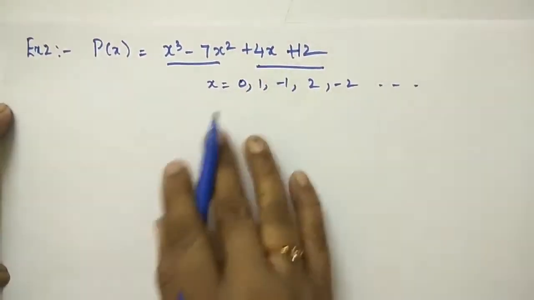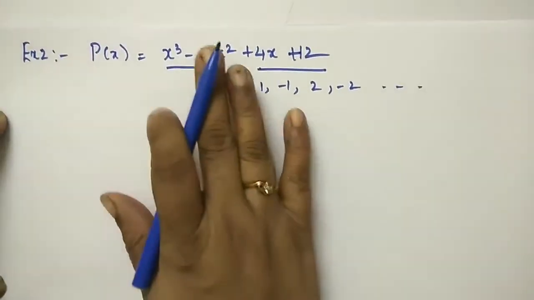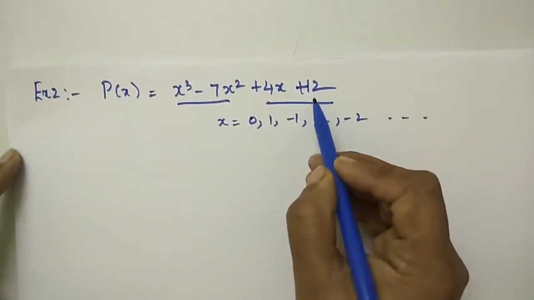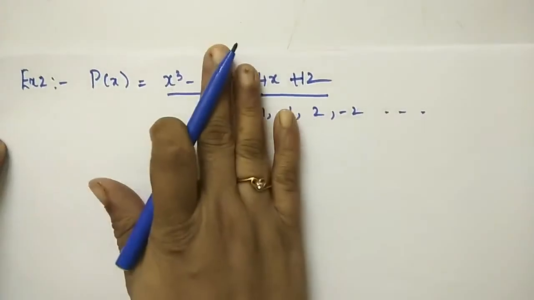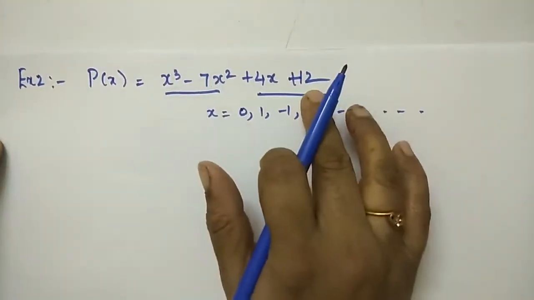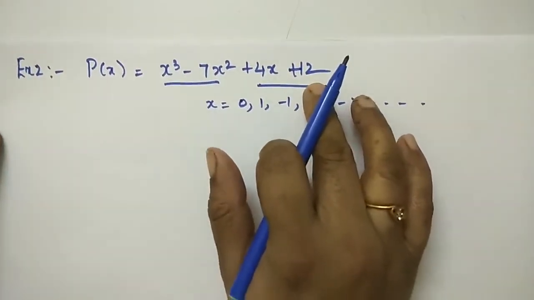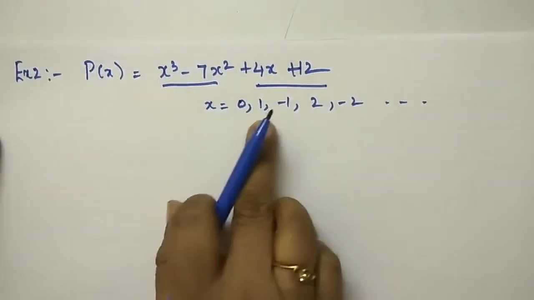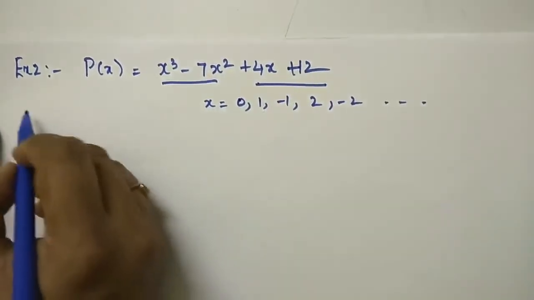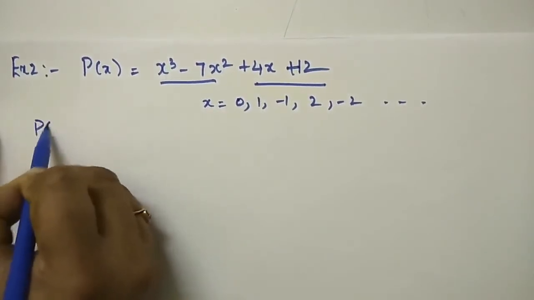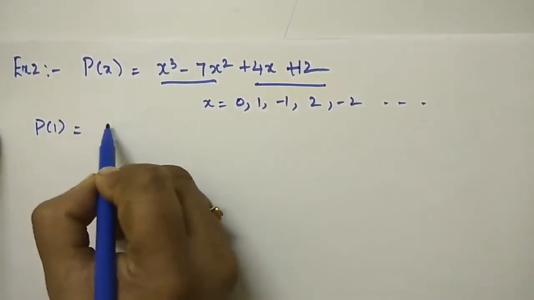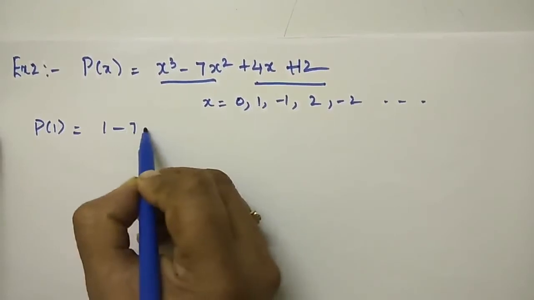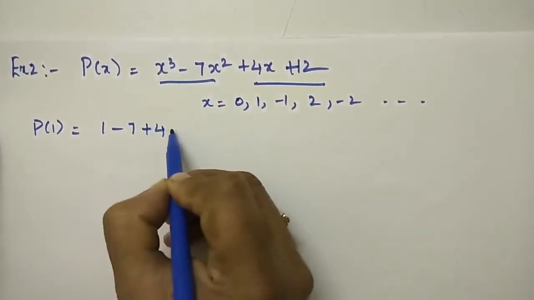So if you take x is equal to 0, you can observe a constant term 12 is there. So this becomes 0, but you will be left with the constant term 12. So there is no use of using 0. Okay. Now let us take 1. P of 1 is equal to 1 minus 7 plus 4 plus 12.